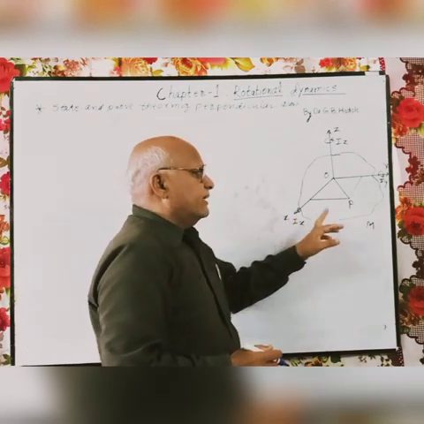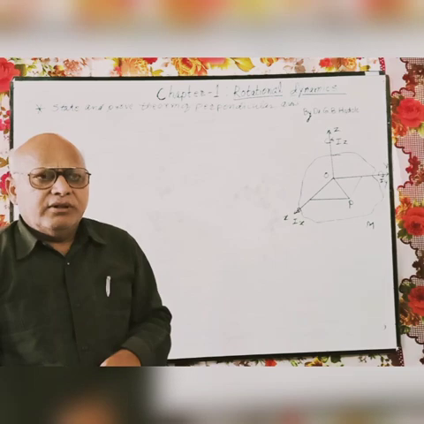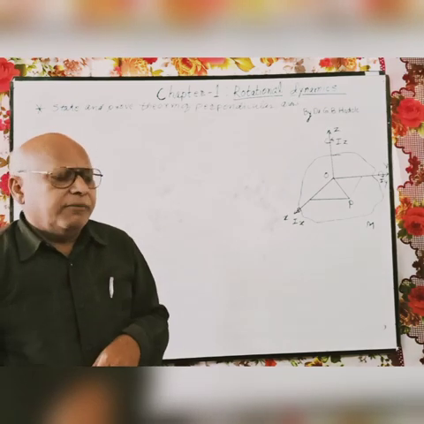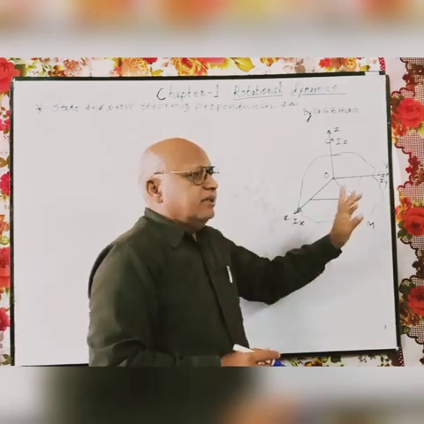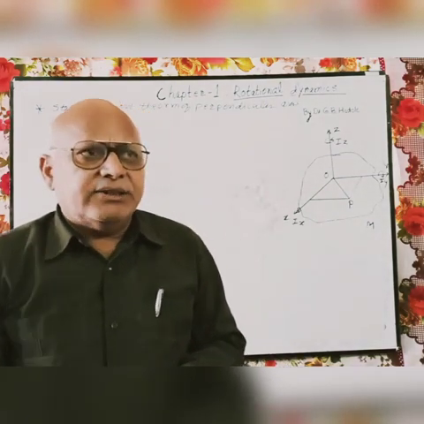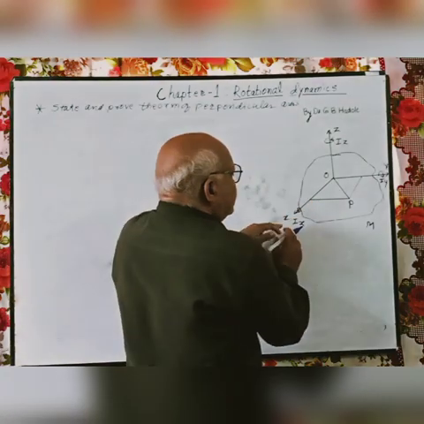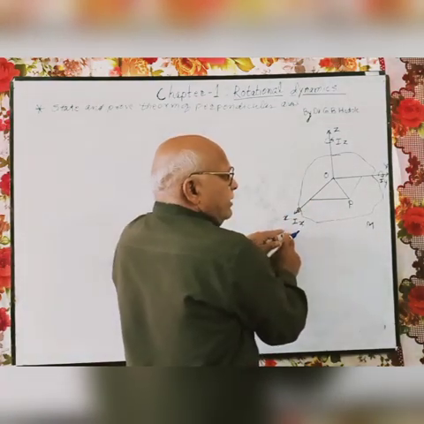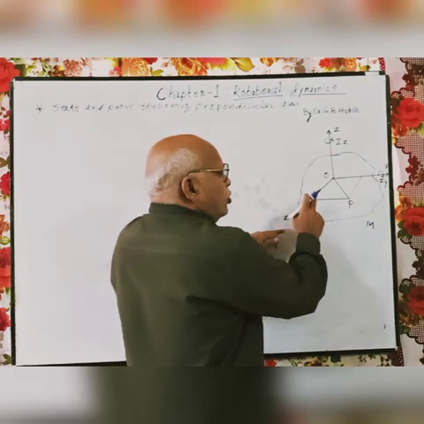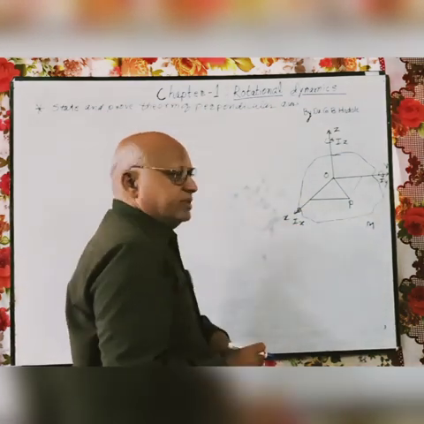This x-axis and y-axis are in the plane of the lamina. Ix and Iy are the moments of inertia about the x-axis and y-axis. If we rotate this plane lamina about the x-axis, it will be the moment of inertia about the x-axis, that is Ix.